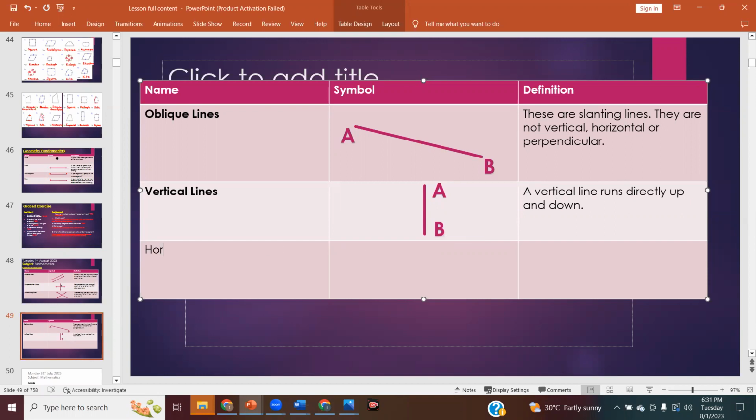And then we have horizontal line. Left to right. Very good. It runs left to right.